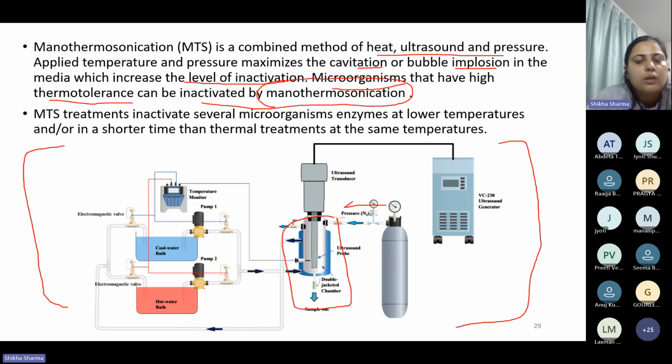From nitrogen gas we are applying pressure. Here it is ultrasonication, and from this temperature is coming. So all are treating the product in this double jacketed chamber, and from here we can take out our product after treatment.